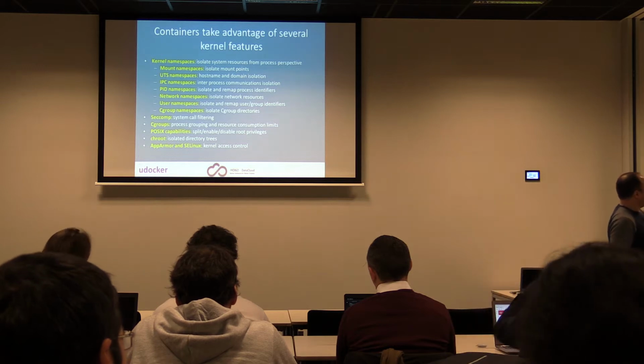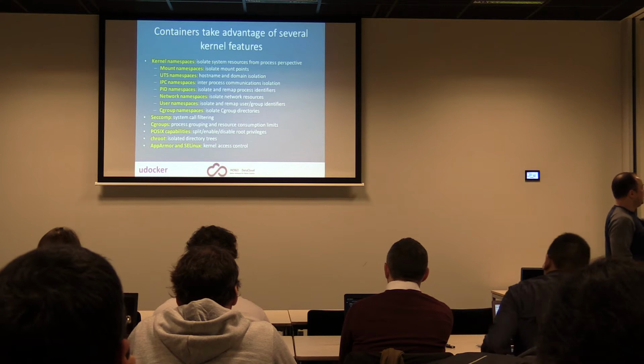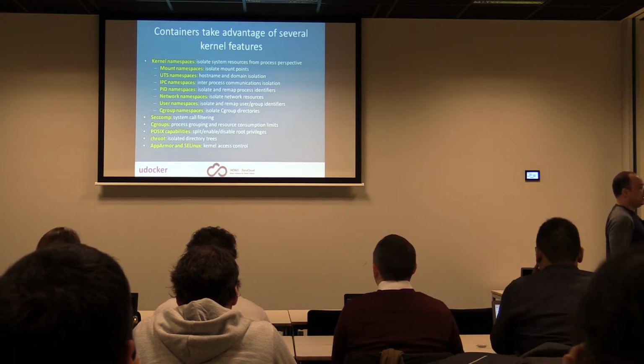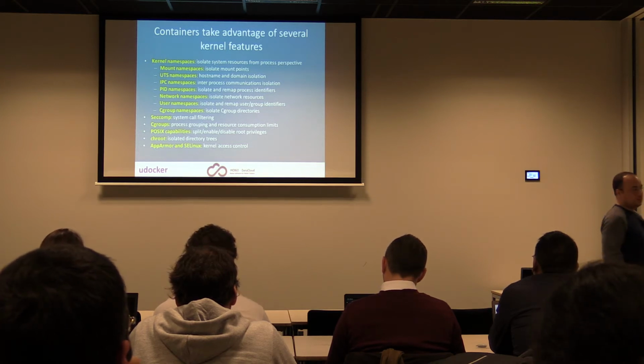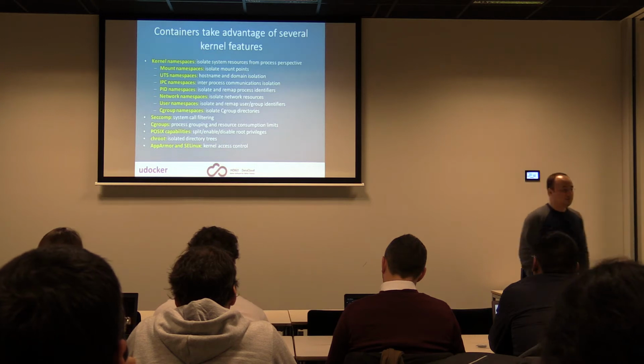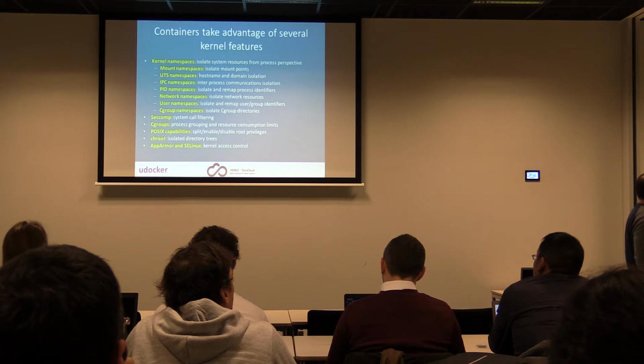For instance, you have the mount, the IPC, the PID namespaces, the network namespaces, in where you can have different configurations in the same machine. C groups, you all know from Slurm for sure. Slurm takes advantage of C groups.